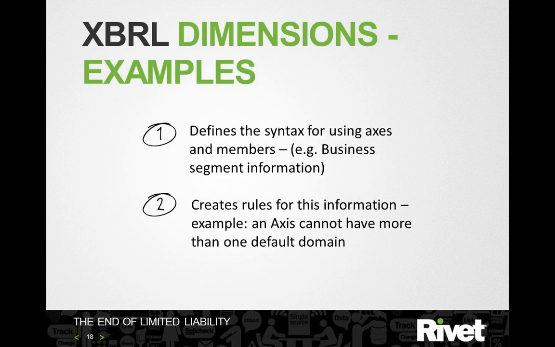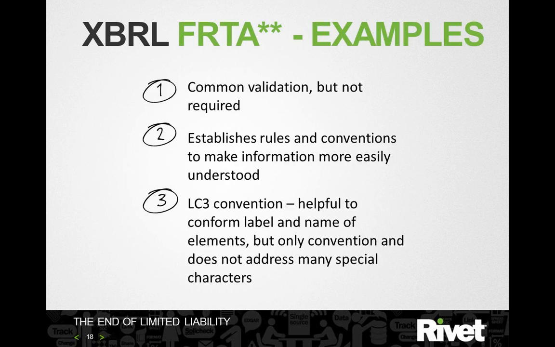And so this should be distinguished from some of the examples Campbell gave before with respect to the invalid member combination. That's something that's more on the US GAAP side of things, where it was a misapplication of using the parent member when they should have used the parent company member. And this dimensions specification doesn't address those types of items. It just addresses the syntax, the structure that Campbell's visual slide would have shown.